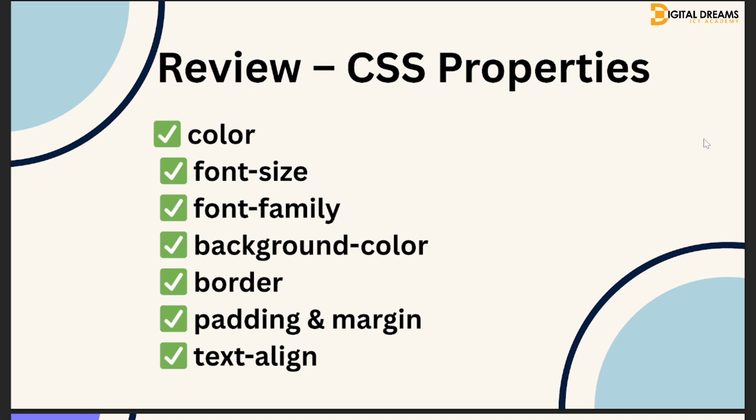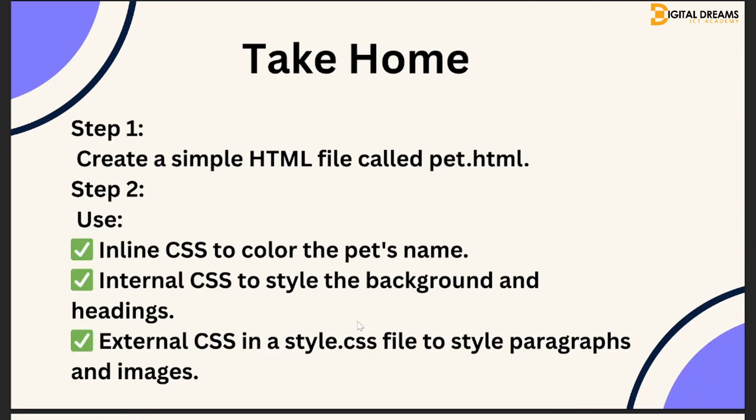So now I want us to know what all the styles we've used today. We added a color, added the font size, changed font family. We also added background color, border, padding and margin, then text align. Now for your take home, I want you to create a simple HTML file called pet.html.